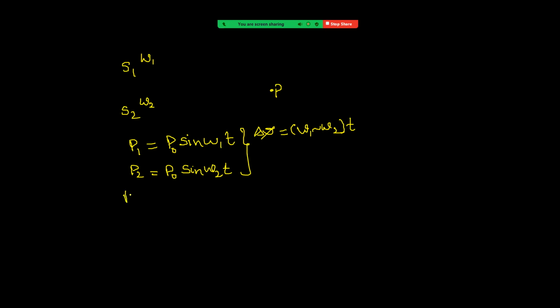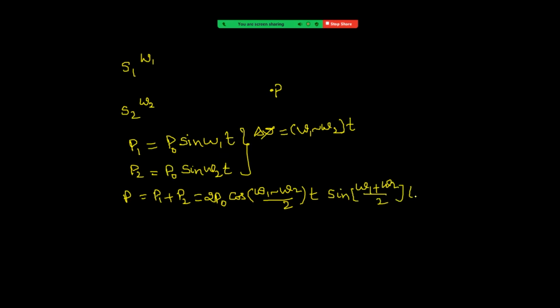So P equal to P1 plus P2, that is equal to sin A plus sin B. That becomes 2 P naught sin of (A plus B) by 2 cos of (A minus B) by 2, or you can say cos of (omega 1 minus omega 2) by 2 into t, sin of (omega 1 plus omega 2) by 2 into t.